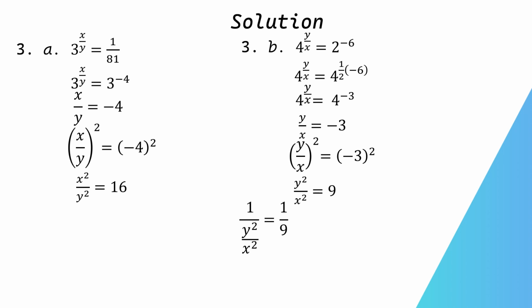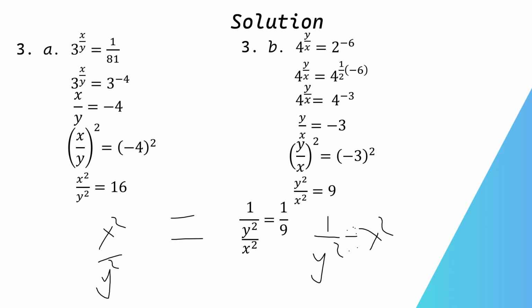Okay, we know that x squared over y squared is equal to what? 1 over y squared over x squared. Why do we say so? So we know this is divided by x squared. 1 over y squared divided by x squared.